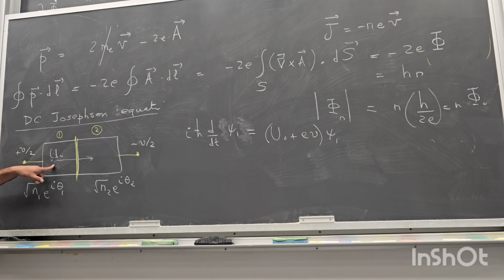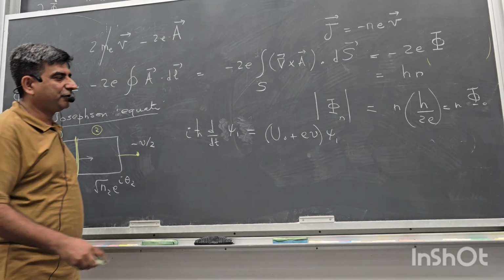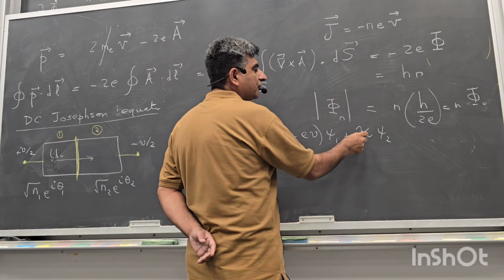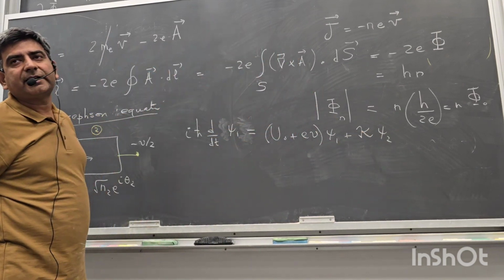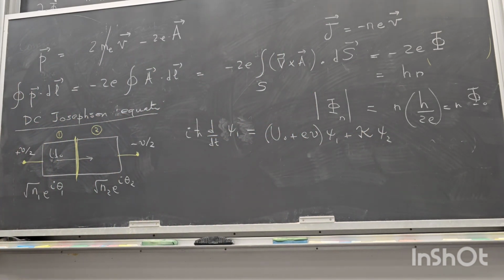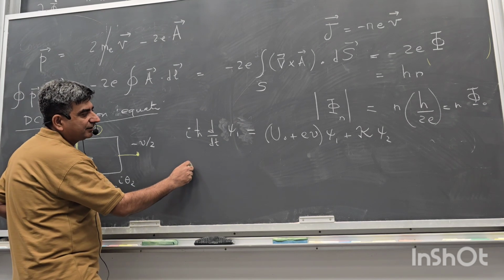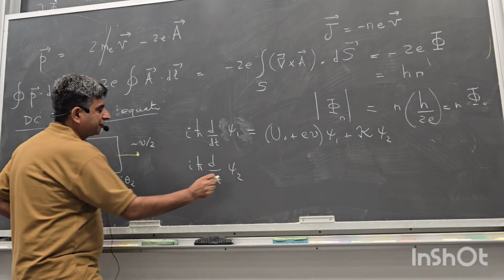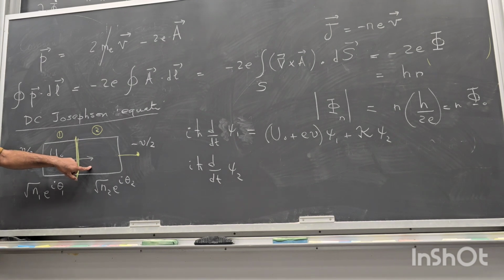for this part. But there's a possibility of tunneling of the wave function ψ1 and ψ2. So I need to include some term that takes into account tunneling. Let's call that term kappa. That's a coefficient kappa. Likewise, I can write a differential equation for the wave function in this superconducting part.